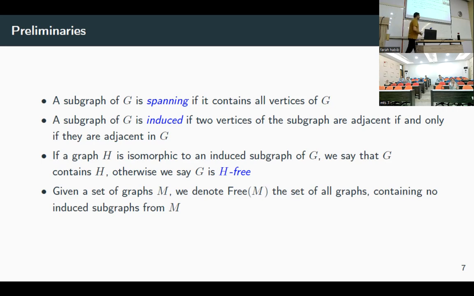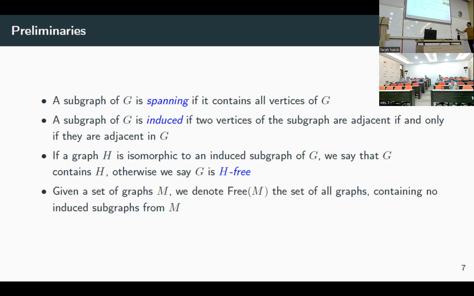For example, if I have a graph with, let's say, 1 million vertices, then this graph is C3-free, C4-free, C5-free, and so on, because this graph does not contain any cycle.